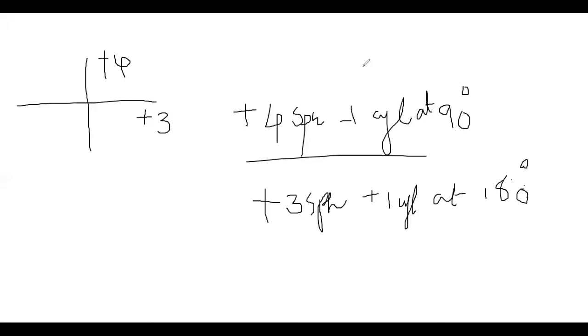Next is example 3. Suppose we got -2 sphere, +1 cylinder at 90 degree.